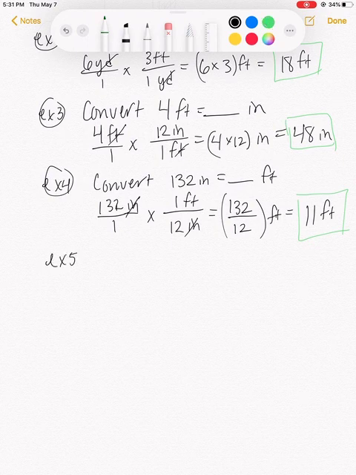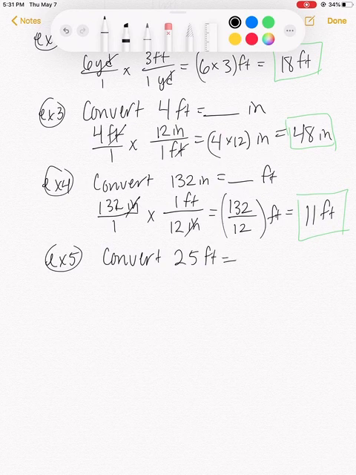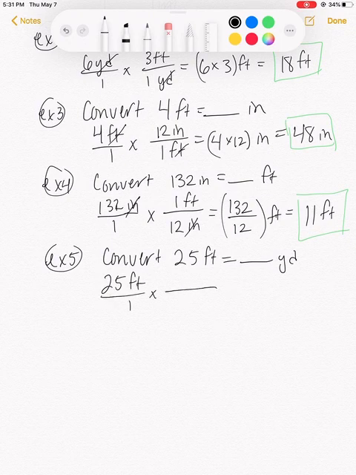A couple more. Example number 5. We want to convert 25 feet into yards. I'm going to do 25 feet over 1, multiplied by, I need my feet at the bottom to cancel, and going to yards, there are 3 feet in 1 yard.